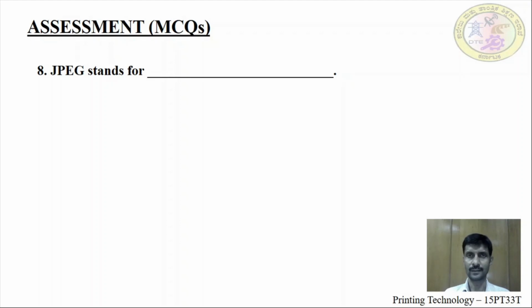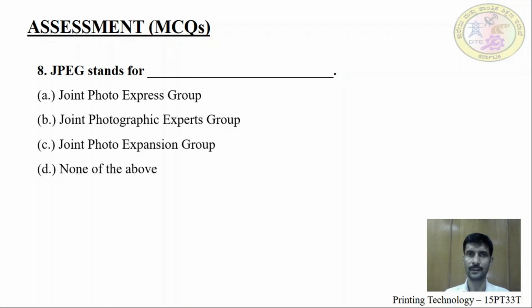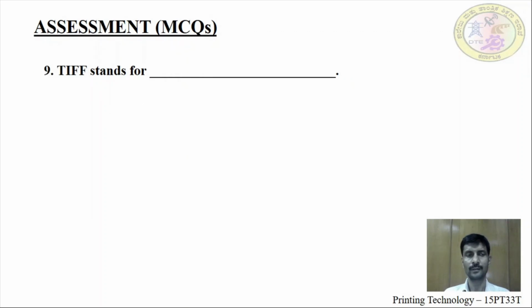JPEG stands for. The clue is it is used in photographic applications and web applications. Joint Photo Express Group, Joint Photographic Experts Group, Joint Photo Extension Group, and none of the above. Next question. TIFF stands for, which is mainly used in printing applications. It is a raster-based file format.